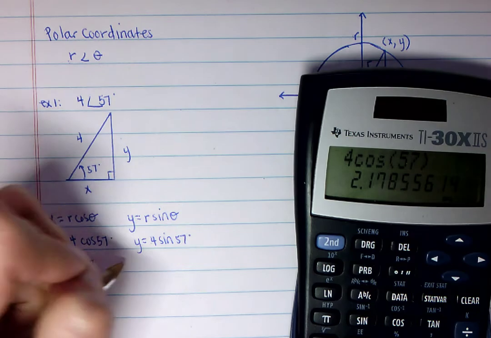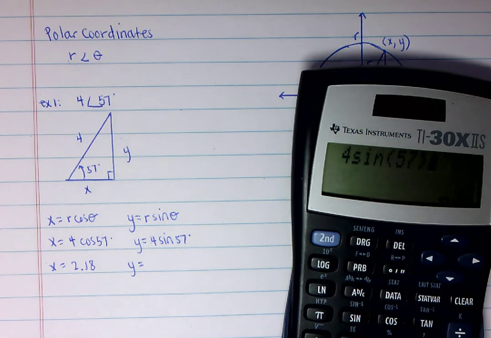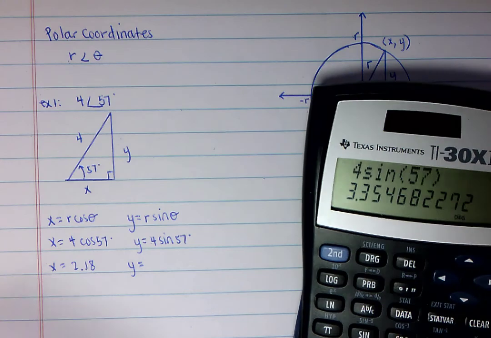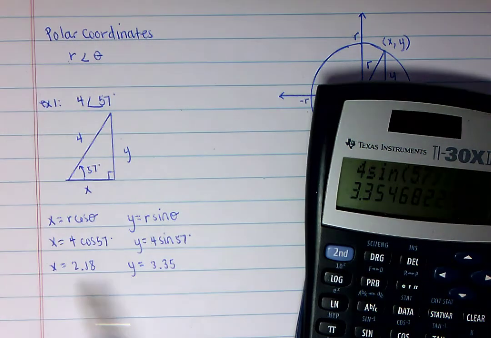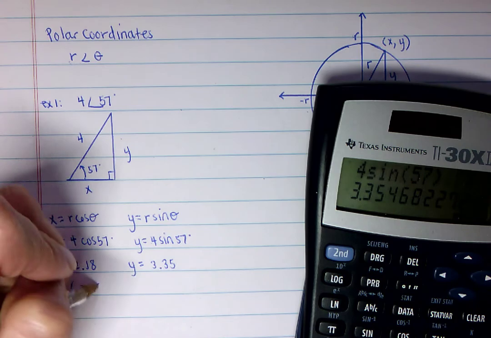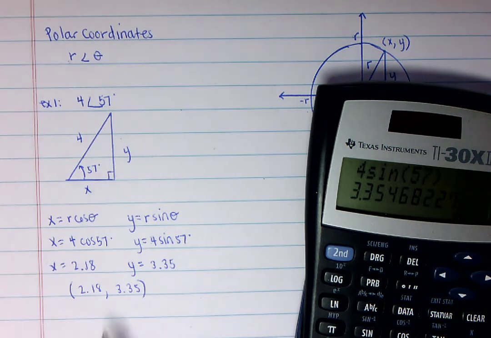All right, and then we do the y. So 4 sine 57, 3.35. And again, if we want to write this as a point, we can say that's 2.18, comma, 3.35.